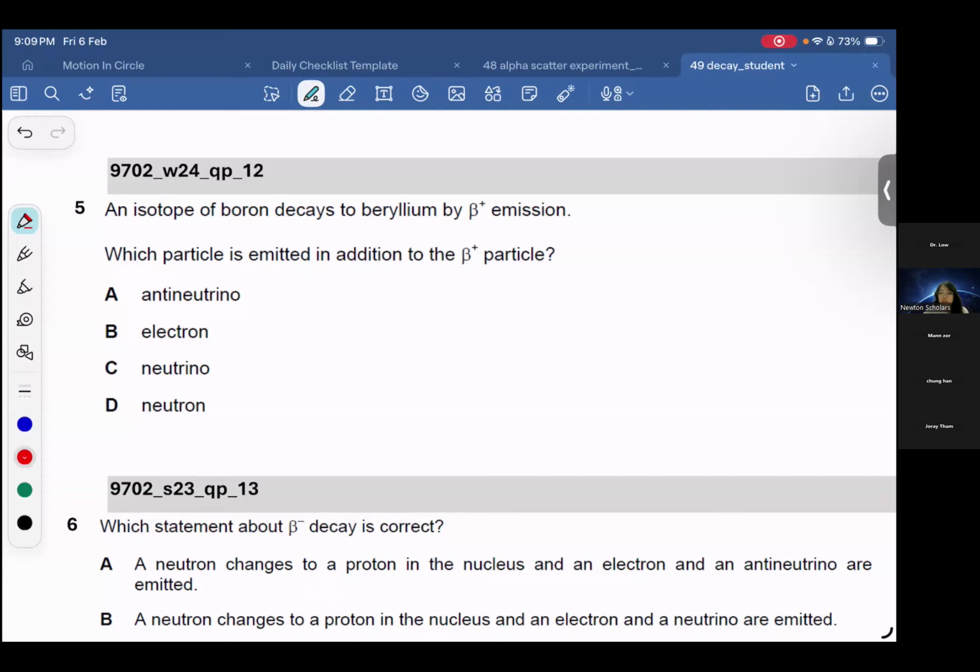Jore, correct. Manjo, no. Fatima, no. Chonghan, yes. Sean, yes. Okay, dear. Beta plus is always together with neutrino. Answer C. Anti-neutrino is together with beta minus. So this one you have to remember.